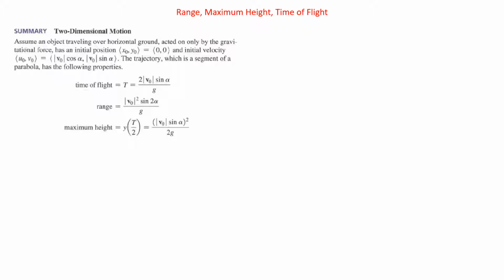The range, how far does it go, will be the magnitude squared, sine of 2 alpha, over gravity. And then the maximum height will happen at T over 2, and that's going to be v naught, the magnitude of v times sine alpha squared over 2 times the gravity.